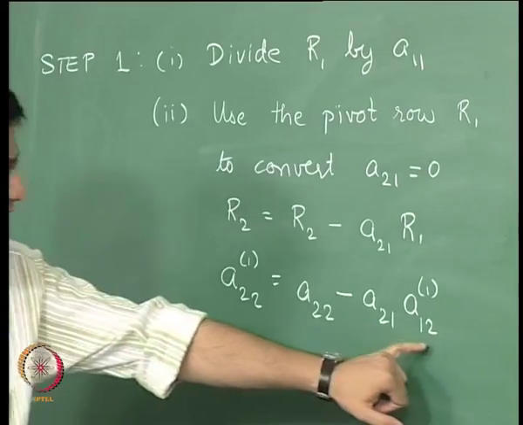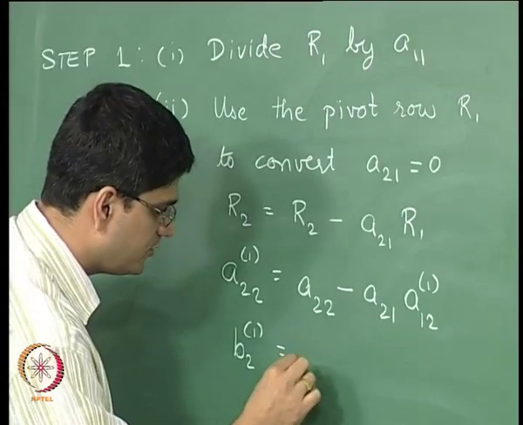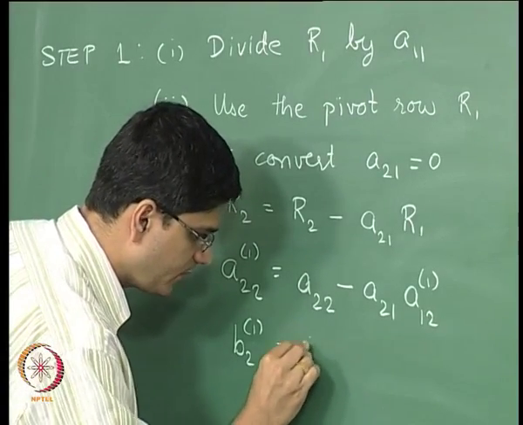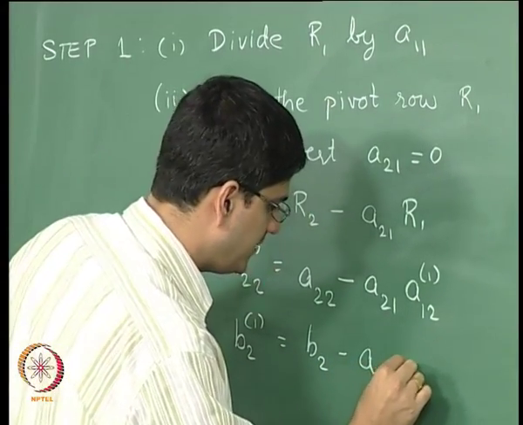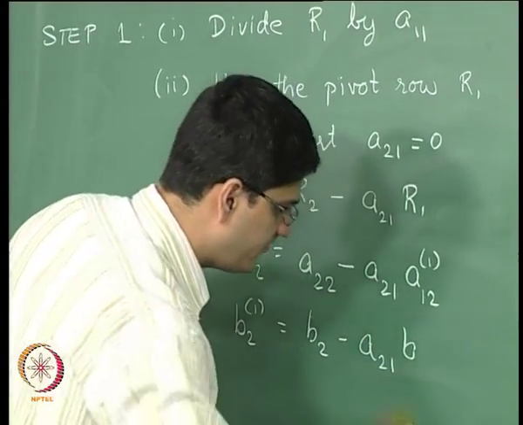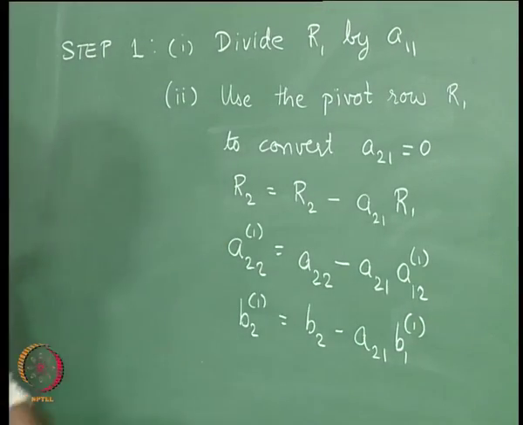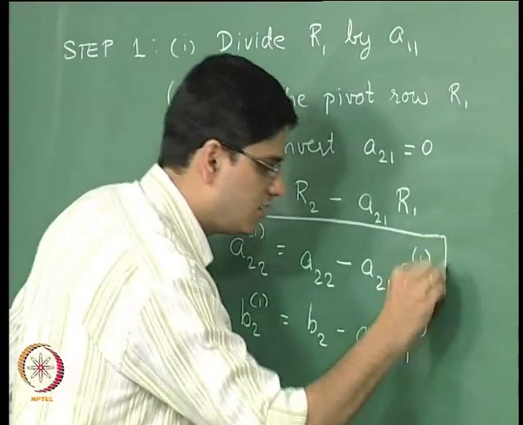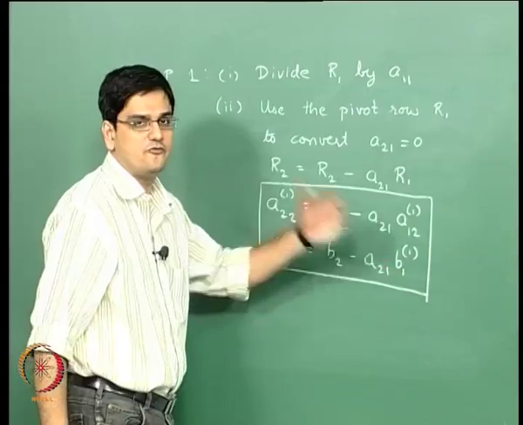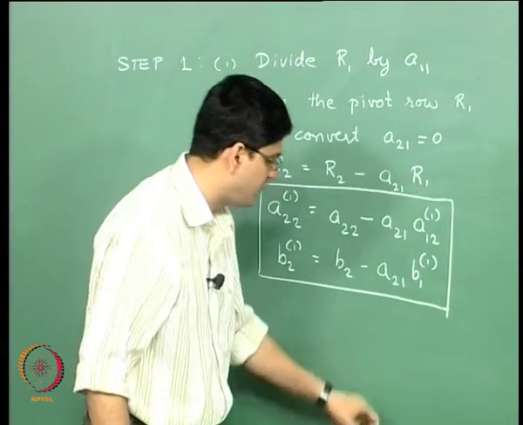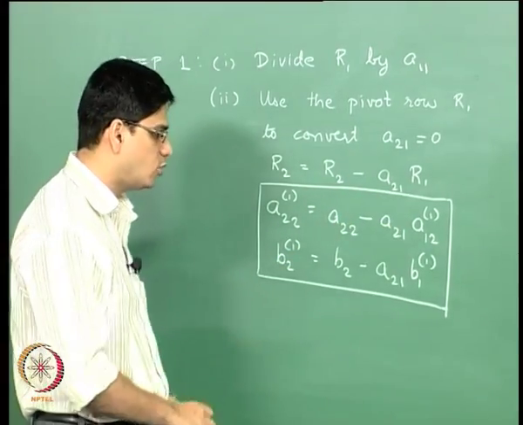This is going to be one equation, and the other equation is B2 equal to B2 old minus A21 multiplied by B1 old. Okay. So, these are the only 2 expressions that we are going to actually solve for when we use R1 in order to make the elements in the pivot column equal to 0. So, what does that amount to?